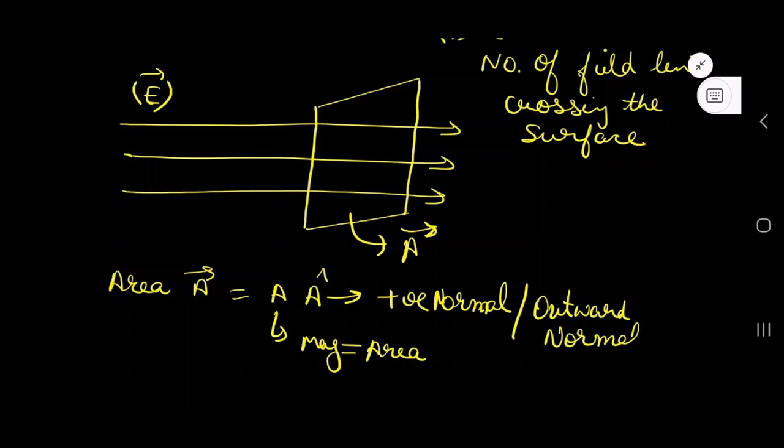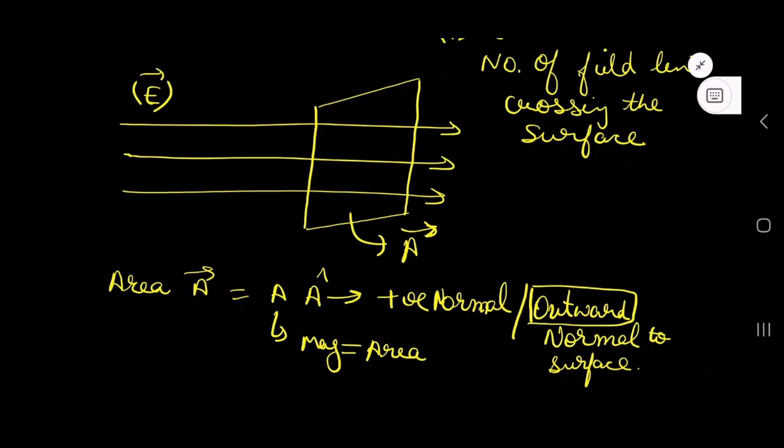Outward normal to the surface, right? So what is the significance of this outward normal? I should have said normal to the surface also, so it would also have made some sense. So what is the significance of this outward term?